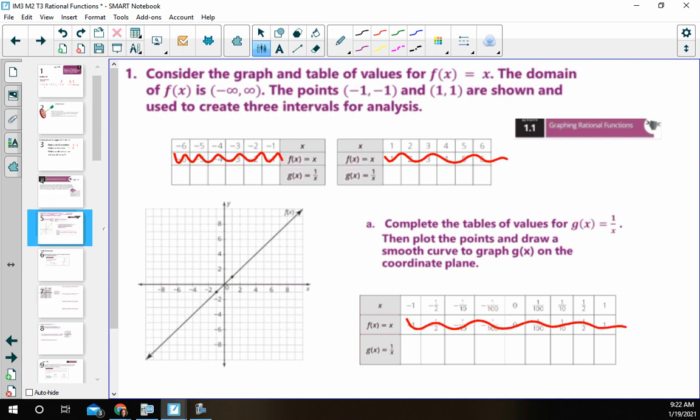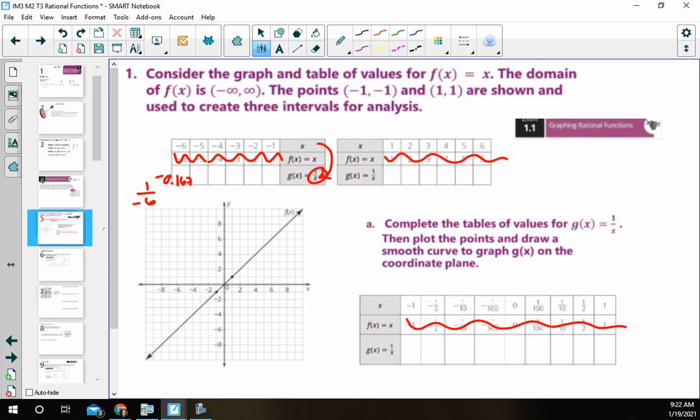I want you to plug in all of these x values into the equation to find the y values. For example, the first one, if I plug -6 in, I'd be doing 1 divided by -6. And then when we're graphing, it's a lot easier to use decimals. So if I do 1 divided by -6, it is -0.167.